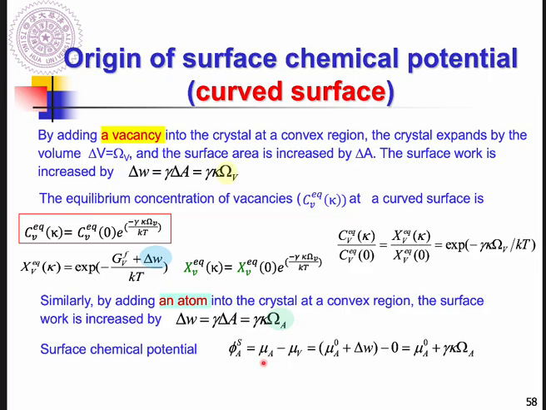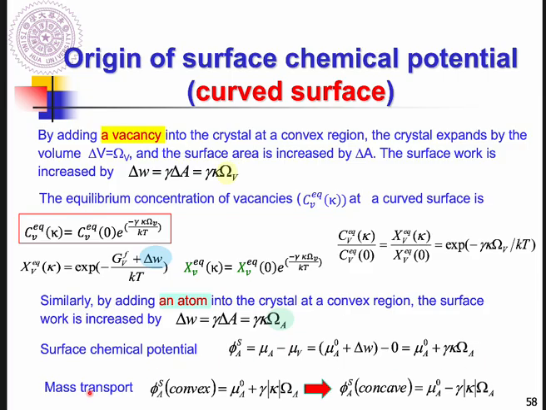And mu A can be shown as mu A0 plus the delta work. So the atoms at the curved surface are expressed as mu A0 plus gamma kappa omega A, and here kappa is positive. So this is how I proved why the surface potential of atom A can be shown here.